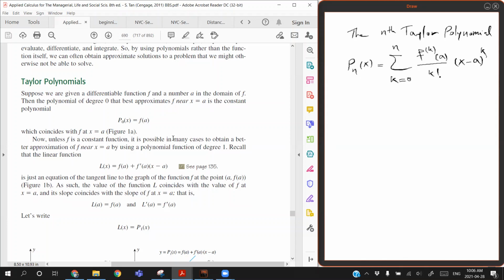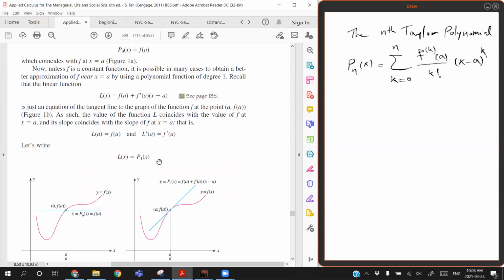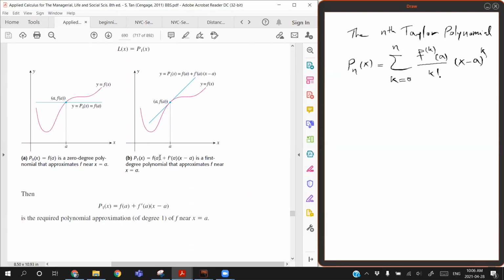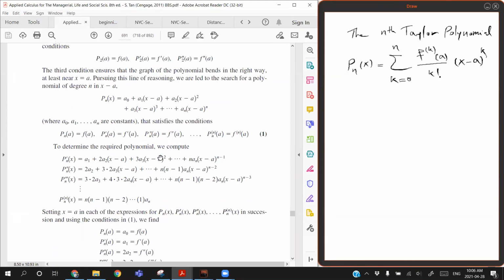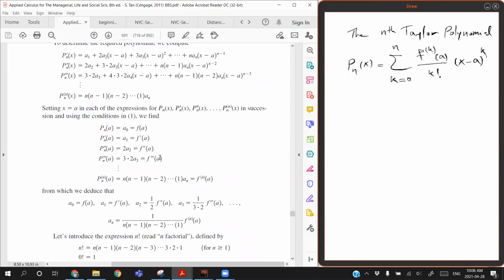You start by requiring that this polynomial at a certain value a is equal to the value of the function, and then you require that they have the same first derivative at that point. Then you require that they have the same second derivative at that point, and then the third, and if you follow this logic, you get this formula. I don't want to go into the details because I will not ask you to prove this formula, but what really matters is being able to understand this formula and use it.